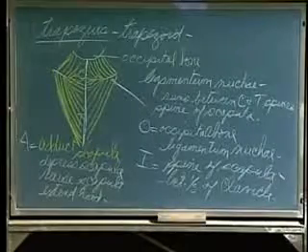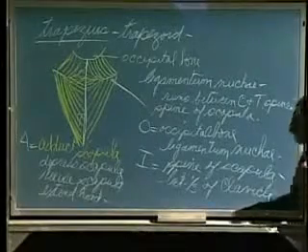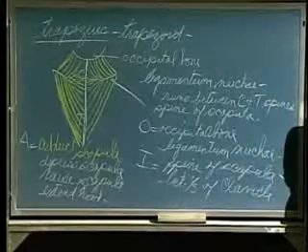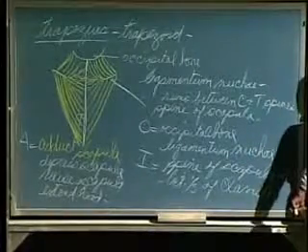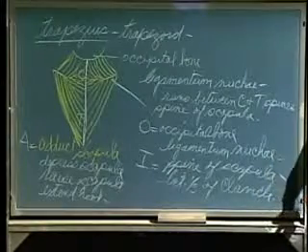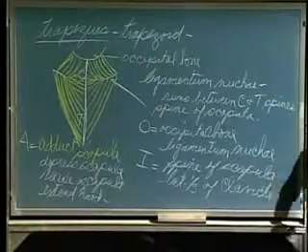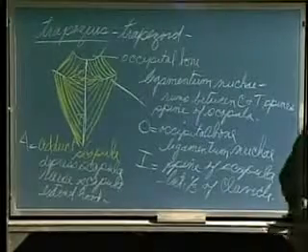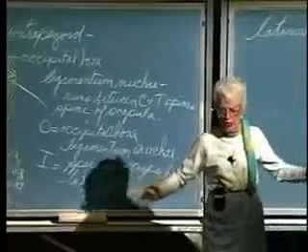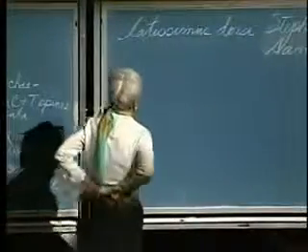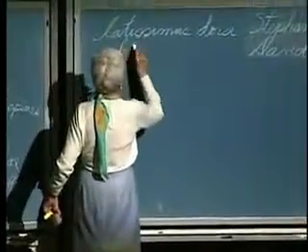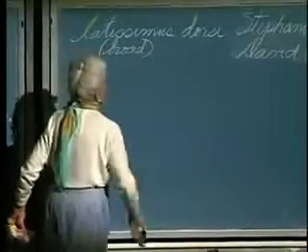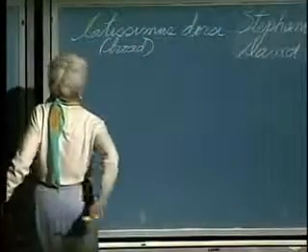The next one is the latissimus dorsi. Latissimus just means broad. Doesn't help us much, but it's going to be a broad muscle, so we'll just put broad here. And it's going to be inferior posterior.